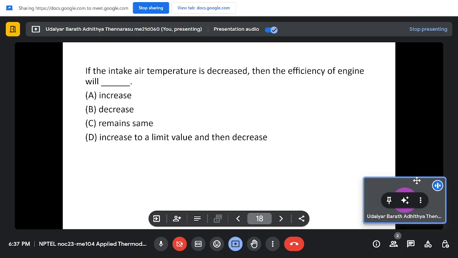It will generate more power, so the engine efficiency is also better. Hence this will create an increase in the efficiency of the engine. When intake air comes in, its density has increased slightly, and it can also expand more.